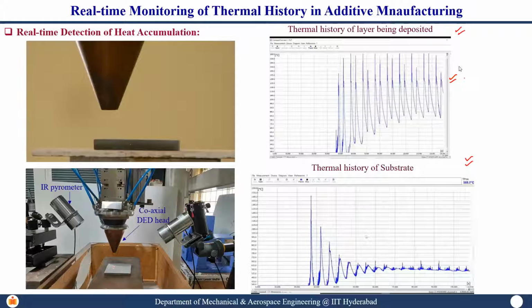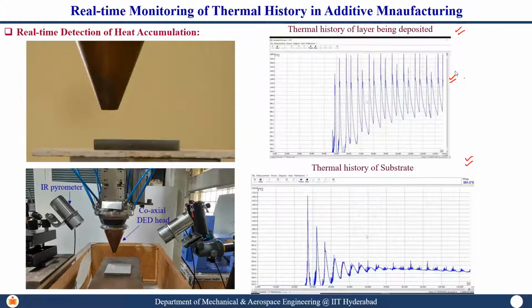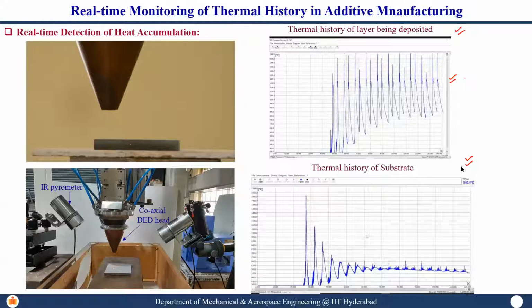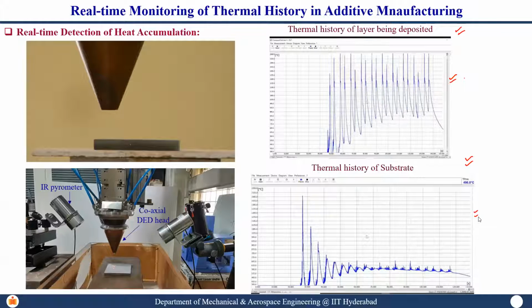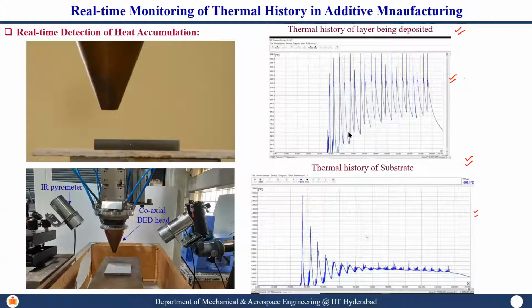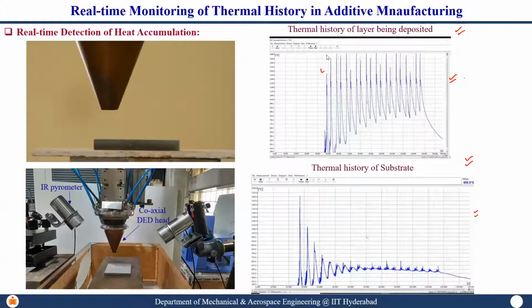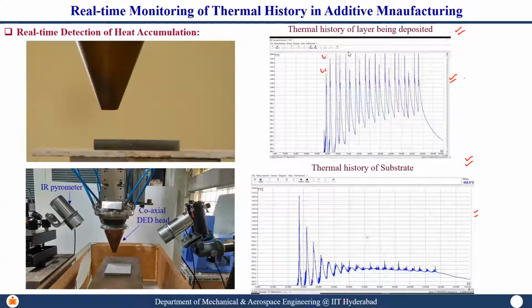this is the one which is detecting the temperature of every layer being deposited. This is something which is detecting the temperature of the first layer continuously. And if you see, this is layer 1, layer 2, layer 3, increasing.